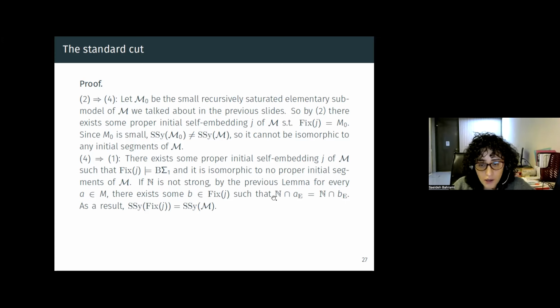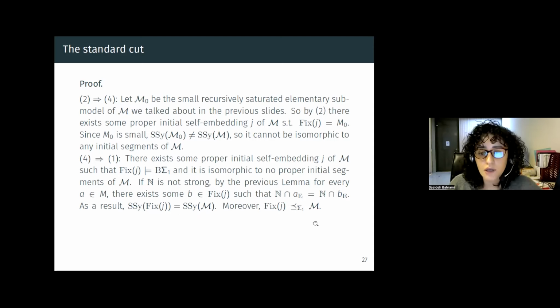So the Ackermann set of A should be equal to the Ackermann set of B intersected with N. As a result, Fix of J and M have the same standard system. Moreover, Fix of J has the same Sigma 1 theory as M, and it is a model of BΣ1.